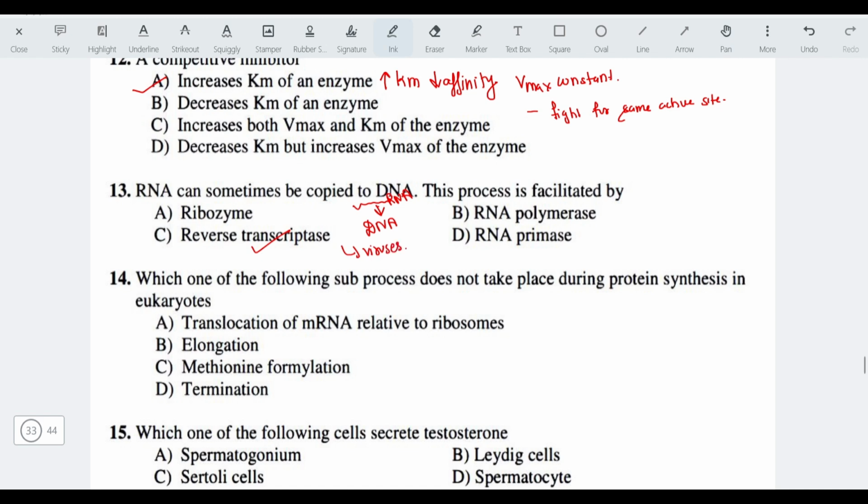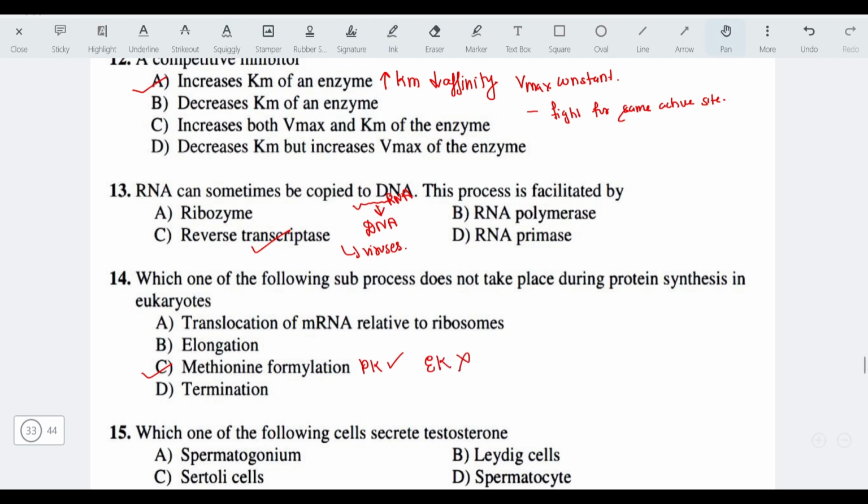Next question: which one of the following sub-processes does not take place during protein synthesis in eukaryotes? The answer is methionine formylation. So methionine formylation occurs in prokaryotes, but it does not occur in eukaryotes, right?